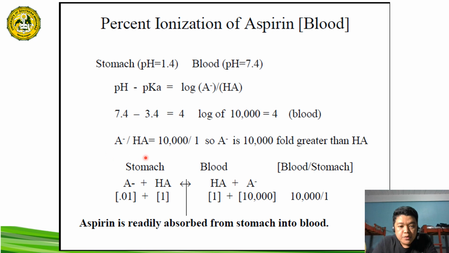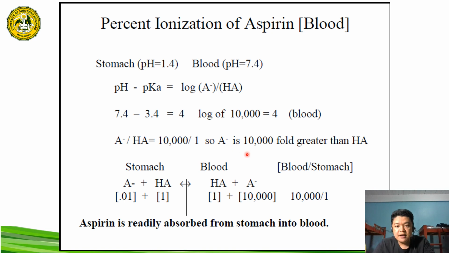This one here is the ionized form because it has a charge, and this is the unionized form. So this will be equal to 10,000. Meaning that for every one unionized form of aspirin in the blood, there are 10,000 ionized forms. So the ionized form of aspirin is 10,000-fold greater than the unionized form.